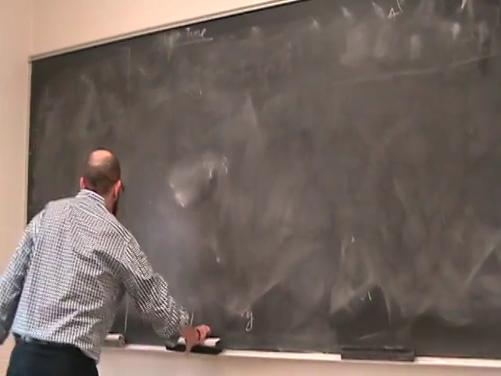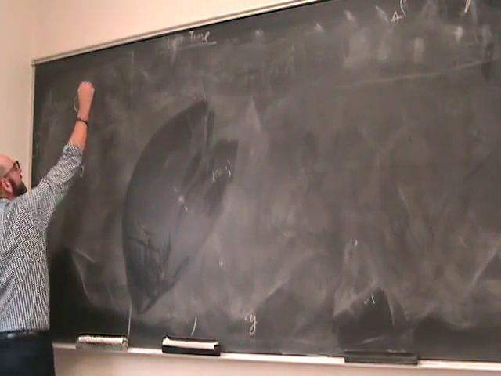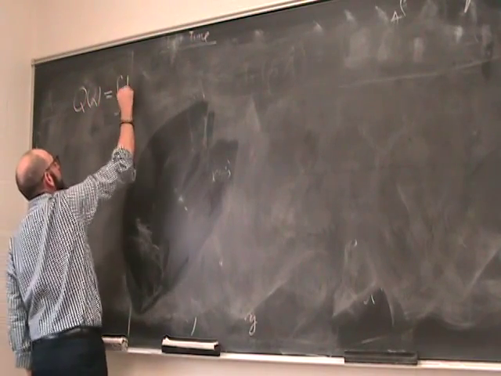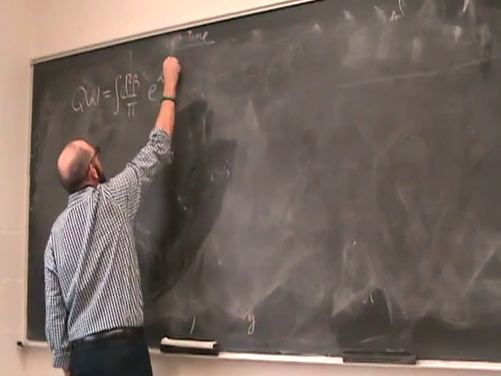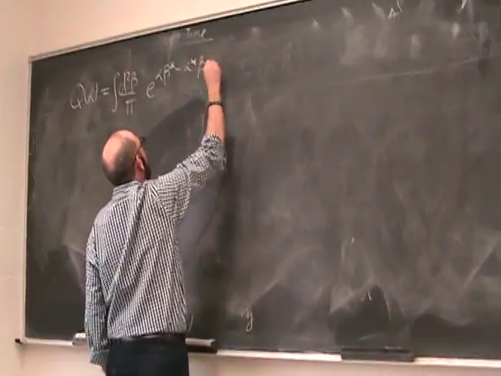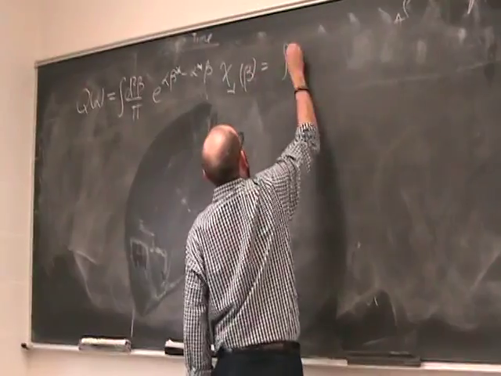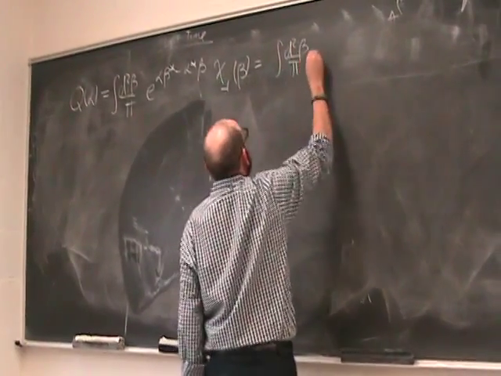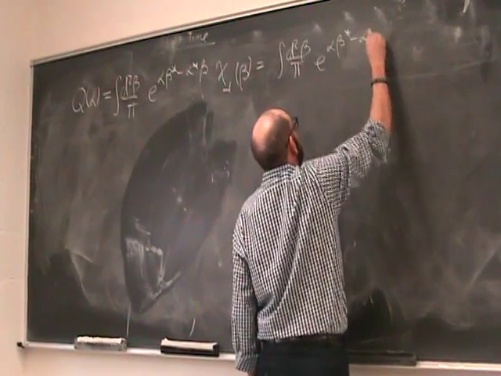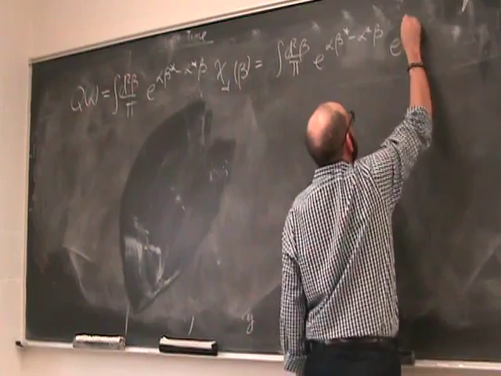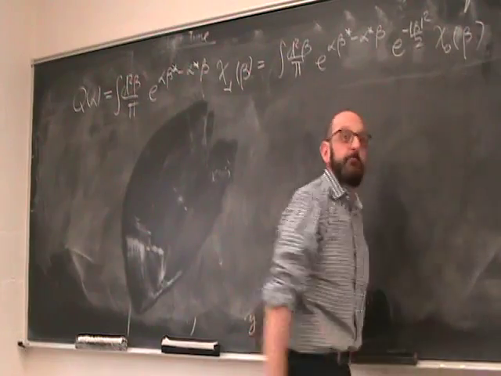So, as we were just saying, for example, if I look at say the Q function, that's the Fourier transform of its characteristic function, which I can write as that, right?